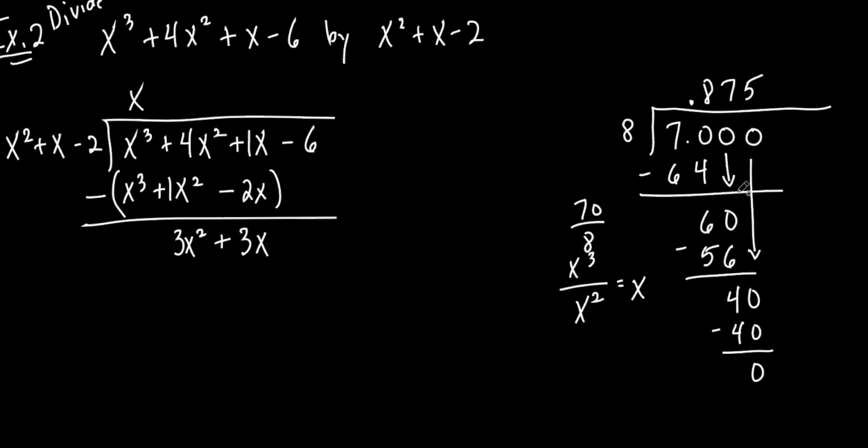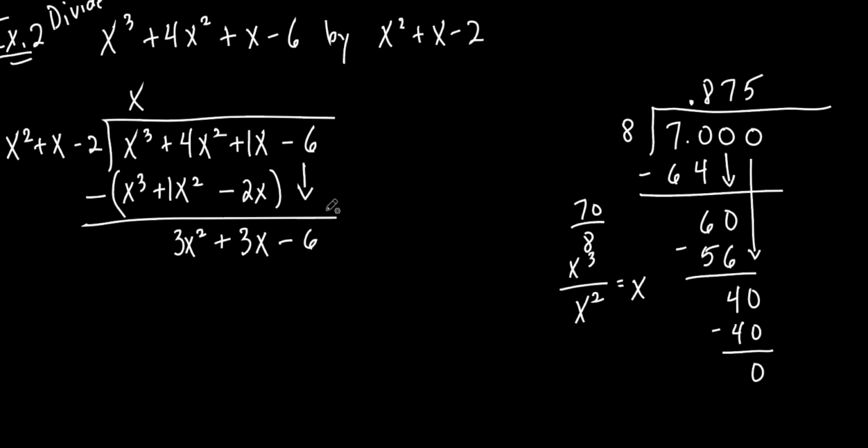Okay? So, after we subtracted, then you say, how many times does 8 go into 60? So, what are we going to do here? How many times does x squared divide into 3x squared? Right? Yes. Thank you. Bring that down. Good call.